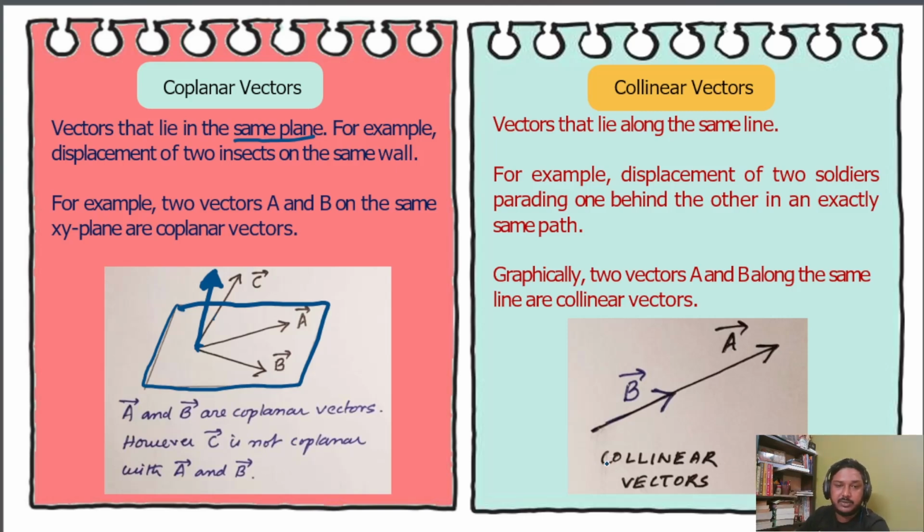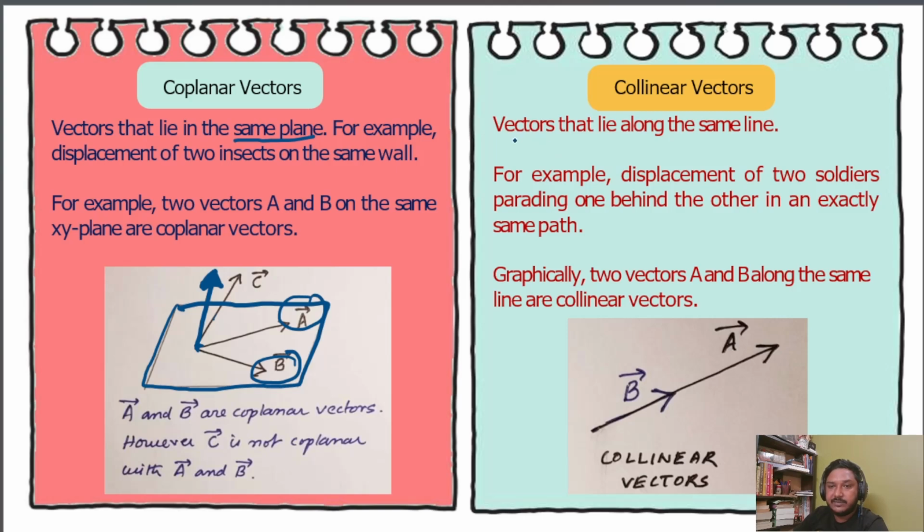This C will not be coplanar with A and B. So in this diagram, A and B are totally on the same table, so they are coplanar, but C is moving upwards, leaving the surface of the table. That's why it is not coplanar with A and B.